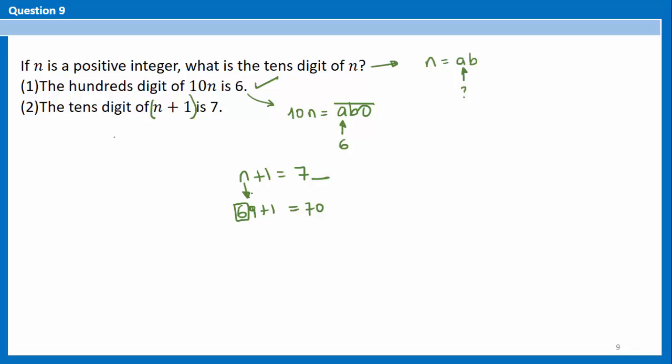So we have one answer. Now n could also be another number, like for example 73, because 73 plus 1 is 74, and now the answer is 7. So we have two different answers, therefore it is insufficient. The answer would be A.